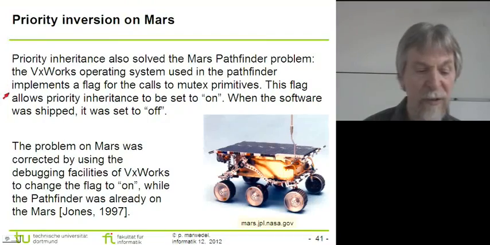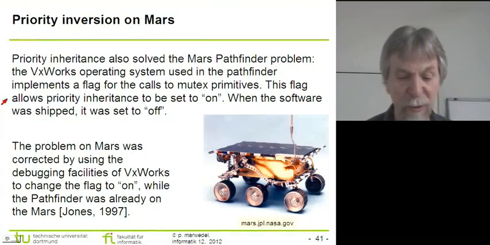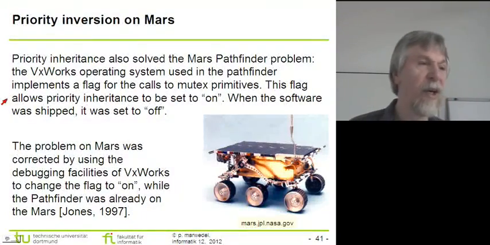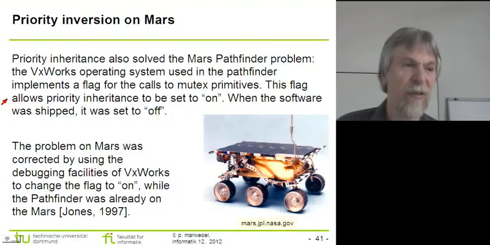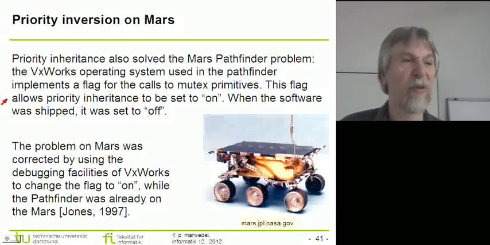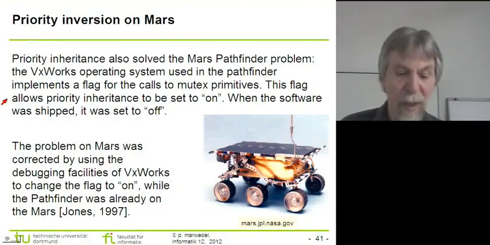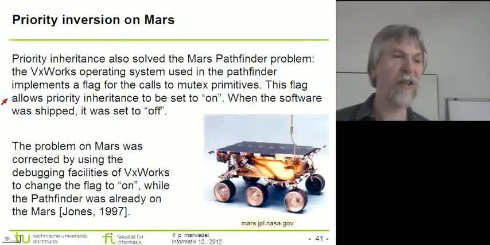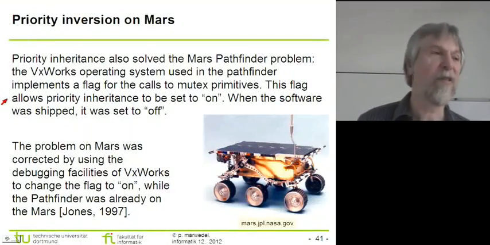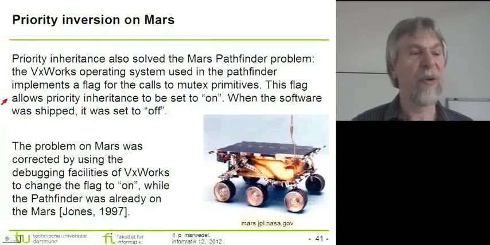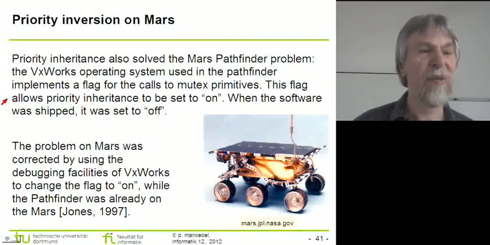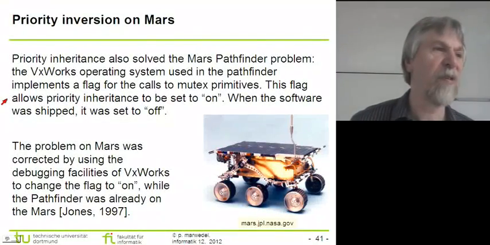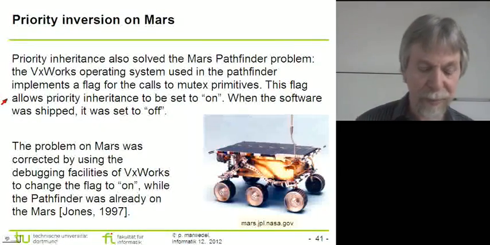For these mutually exclusive primitives, there is one parameter that's available for VxWorks that allows you to turn the priority inheritance protocol on and off. When the software was shipped, it was set to off because the designers assumed that in this way the operating system would just cause less overhead. They wanted to minimize the overhead, therefore they turned priority inheritance off.